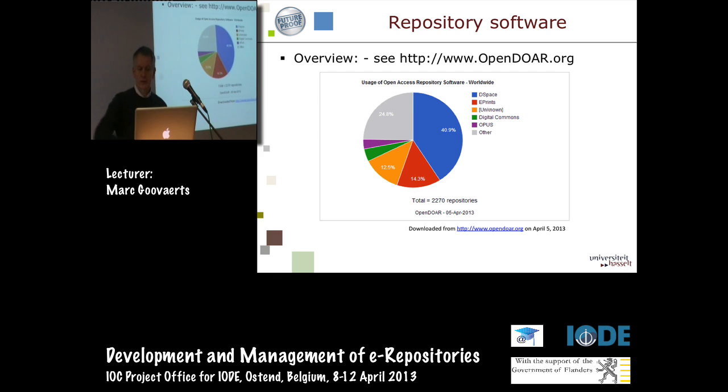Now we are going to have a look at Open Door immediately, because there you will find information, and that's what the slide I got on the 5th of April. There you see at the moment the most popular is DSpace, and I think it has to do with this possibility to adapt it, the problem of Perl development.